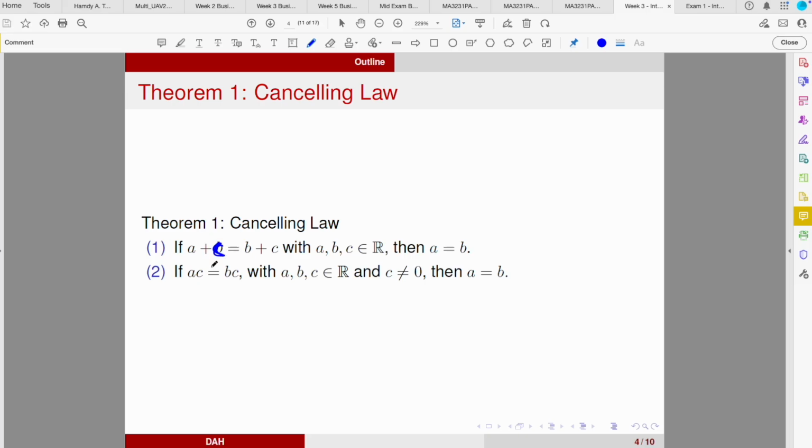The second one: if AC equals BC, multiplication, with A, B, C belonging to the real numbers and C is not 0, then A equals B.